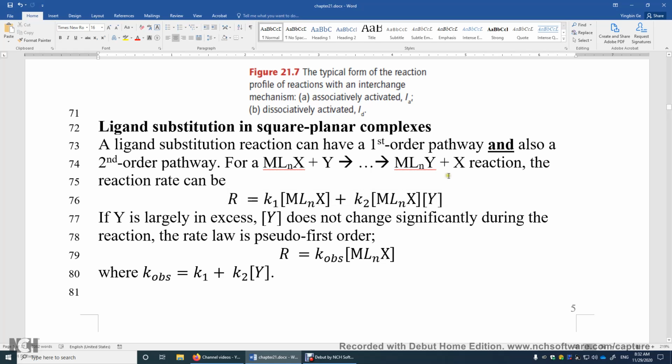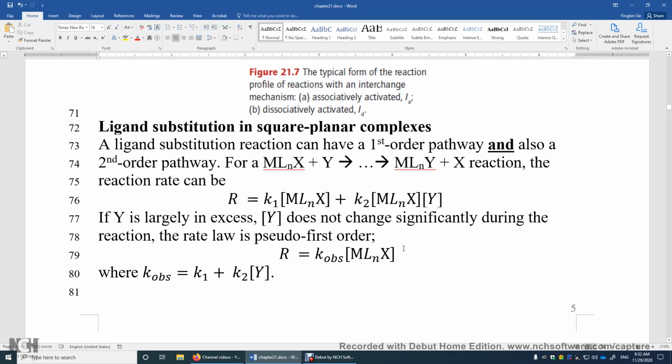So in that case, I just want to emphasize the real mechanism is the sum of two reaction pathways, first order and the second order. Okay? But experimentally, when you measure this reaction rate, it seems that this reaction rate is only proportional to this reactant, the initial transition metal complex, to the power 1.